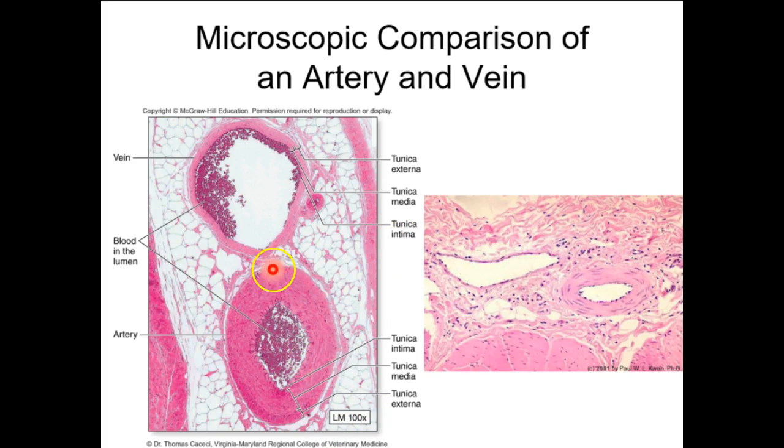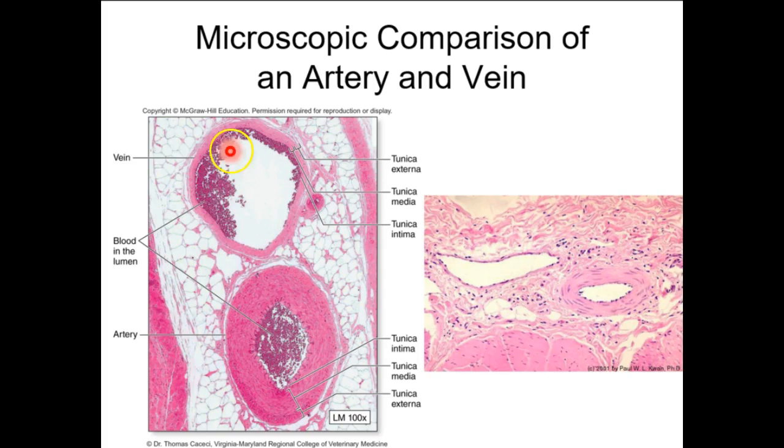So here's an artery. You can see the smaller lumen. All of these little darker dots in those are red blood cells. And if you're really remembering your histology well, you can see your smooth muscle that's going around circumferentially this blood vessel. And there's tunica externa just on this outermost layer right out here.